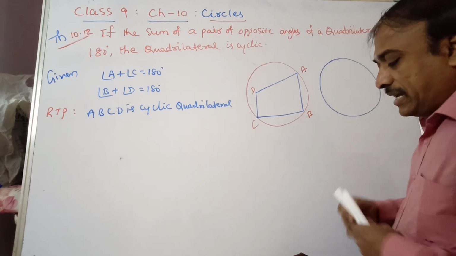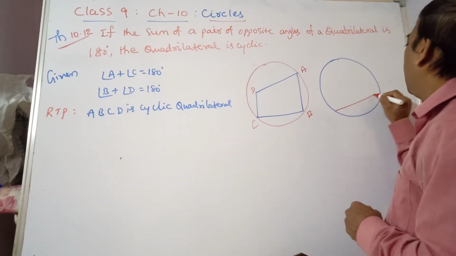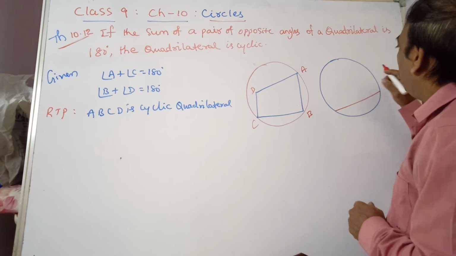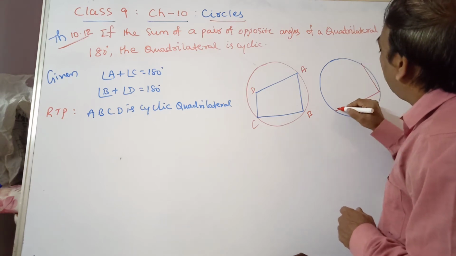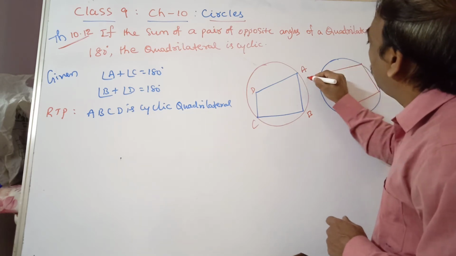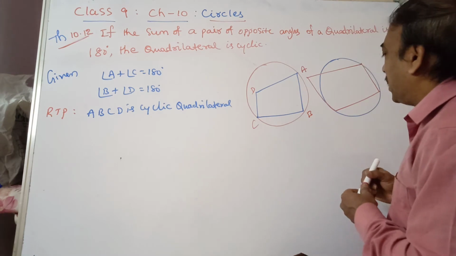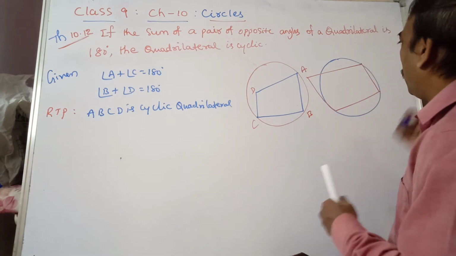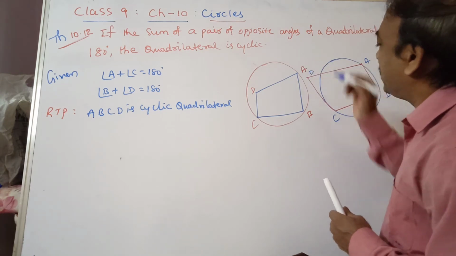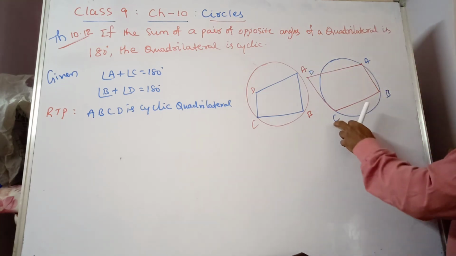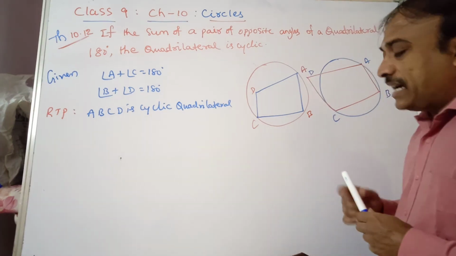Now this is the quadrilateral A, B, C, D. Here A, B, C, and here I am taking D. You see, we took three non-collinear points. D may be outside or inside. Now that is the construction.